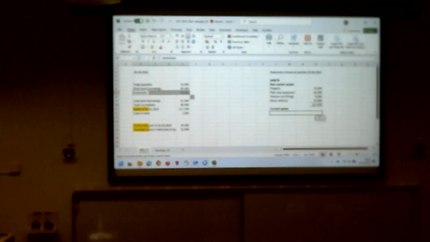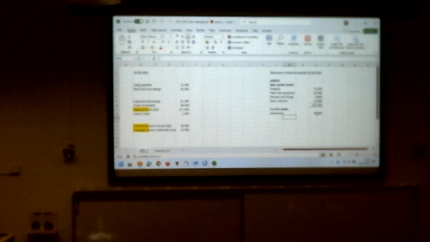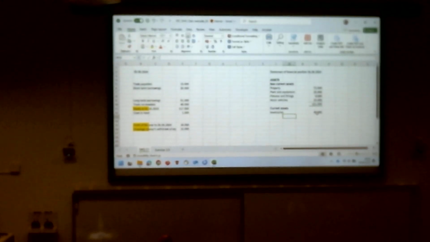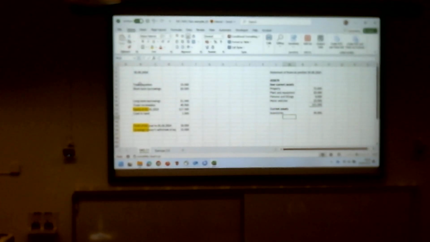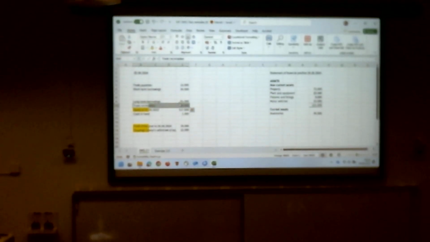I heard inventory, that's correct in any case, and then trade receivable and cash. Okay, and how should I sort this? Next, trade receivables. No, that's payable. Here it is.